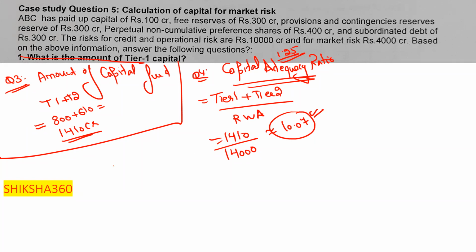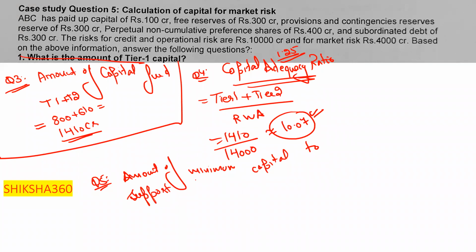Okay. Now the last question regarding that. What is the amount of minimum capital to support credit and operational risk? Amount of minimum capital required to support credit and operational risk.